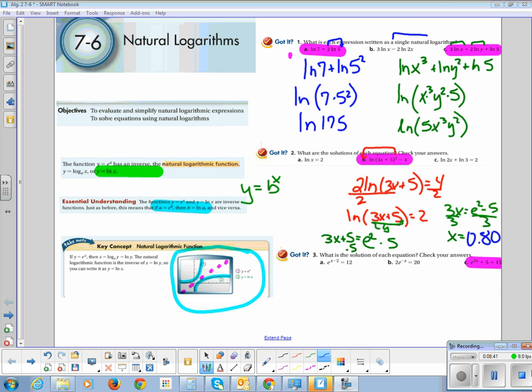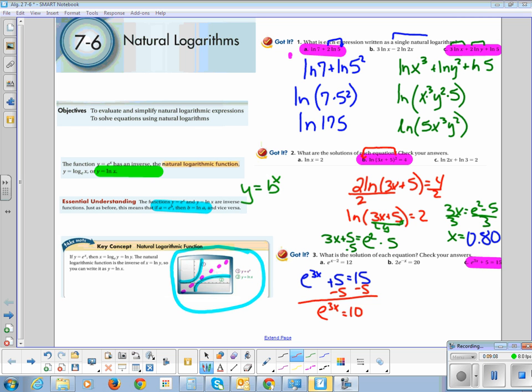If I have e to the 3x plus 5 equals 15, your goal, the first thing you want to do is, if x is in the exponent, I want to get rid of everything else that's hanging out with it. So I'm going to subtract 5 from both sides. e to the 3x equals 10.